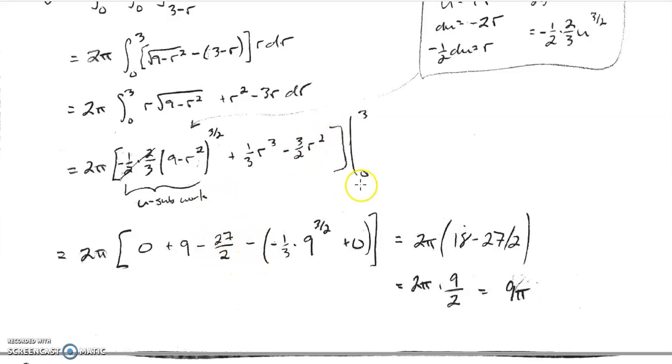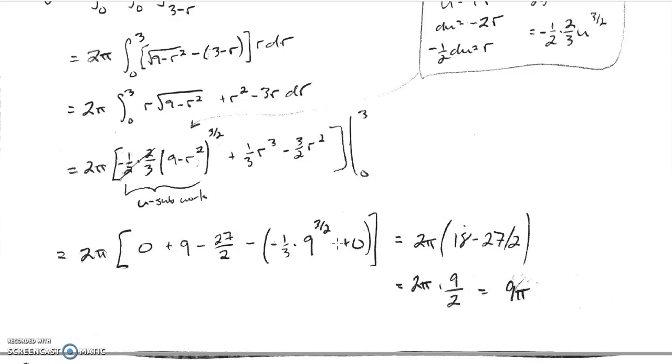Then when I subtract, I plug in a 0. So look, these two terms go to 0. This term does not, right? So I've got -1/3, that's this, -1 and a 3. And then when I plug in 0 here, I get 9 to the 3/2. Well, 9 to the 3/2, square root it, cube it, takes me up to 27.